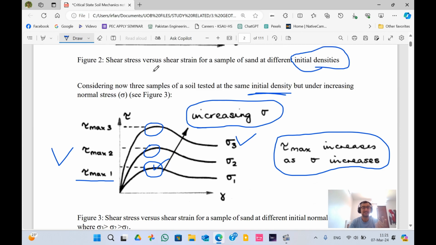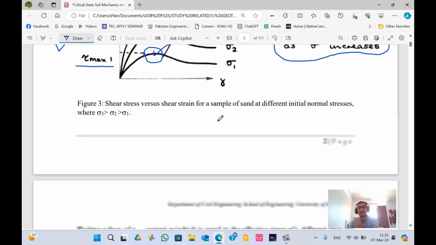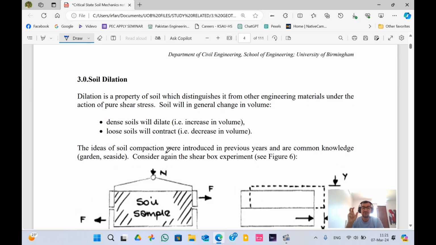If you keep on applying the stress, eventually there will be a point after which it starts disintegrating, and therefore the strain will continue to increase. So this means that if the soil is dense, it will increase in volume.